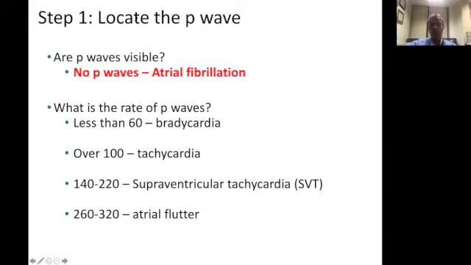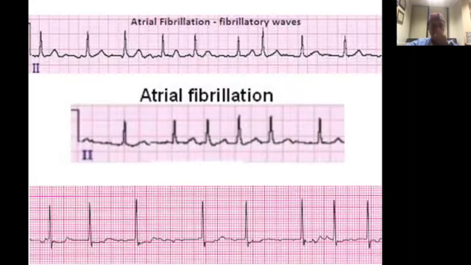So when I think of the P wave, these are the questions that I ask. Is there a P wave visible or not? What is the rate of the P waves? But we just answered, we just don't have any P waves. If you don't have P waves, then that diagnosis is atrial fibrillation. And that EKG was an example of atrial fibrillation. Okay?